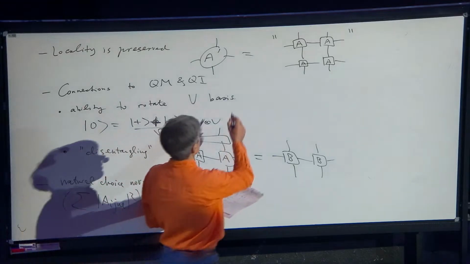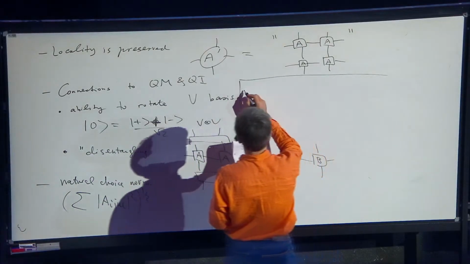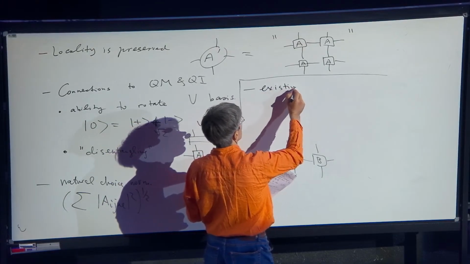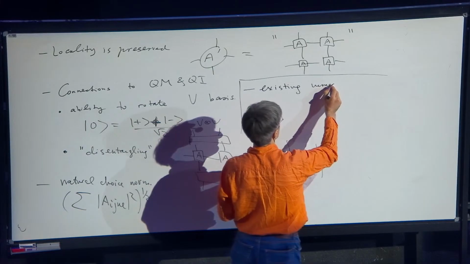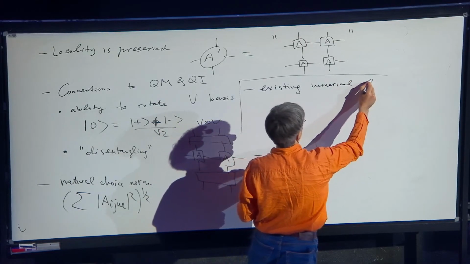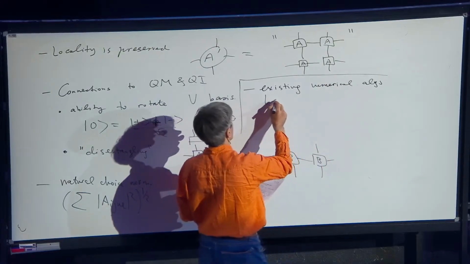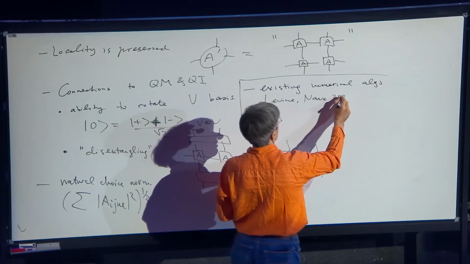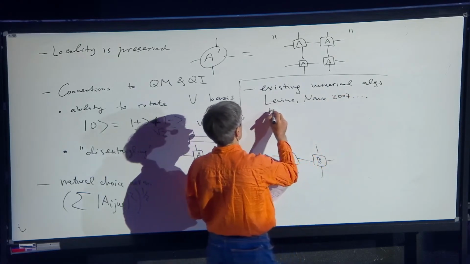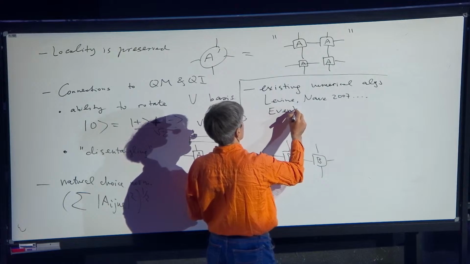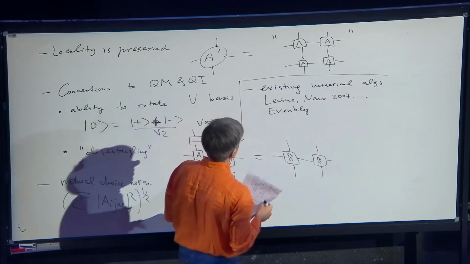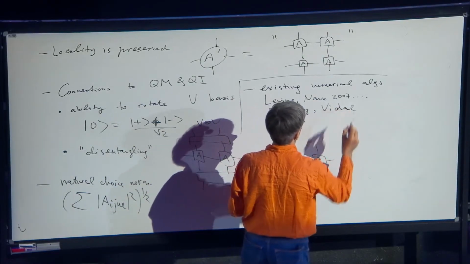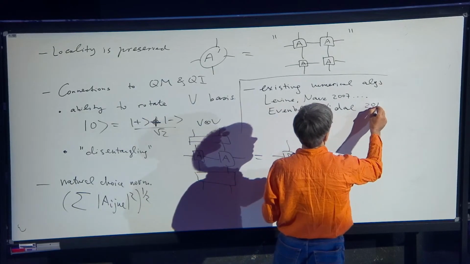And then finally, the last nice point is that at a purely numerical level, this thing is known to work. So there are existing numerical algorithms, and they go back to the work of Levin and Nave from 2007, and then there was also an important work by Pedro's former colleague Guifre Vidal and Glen Evenbly back in 2014.